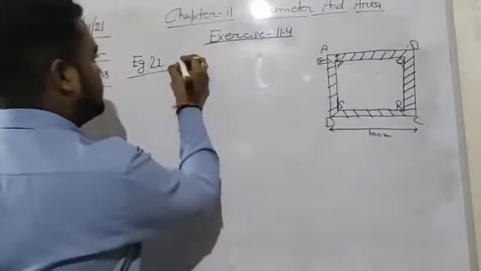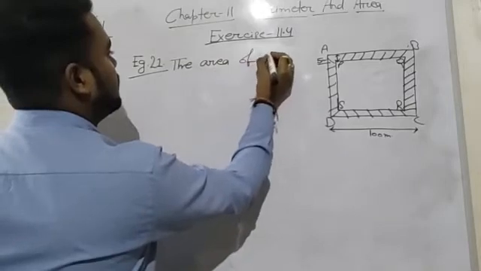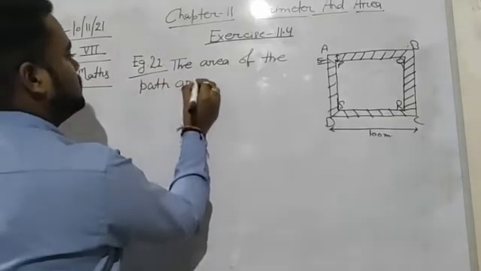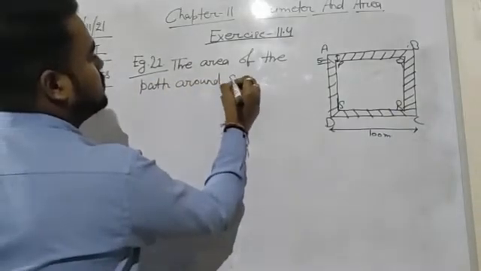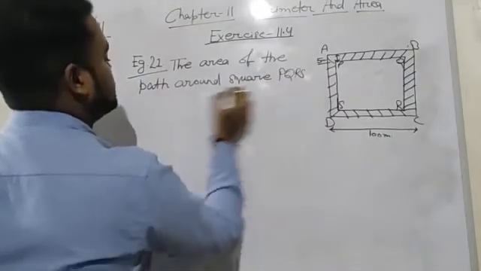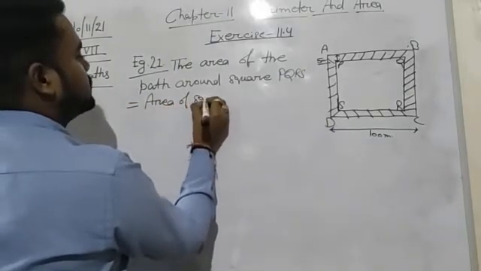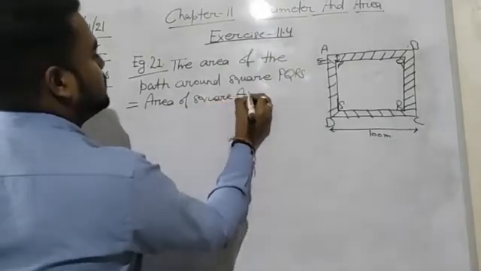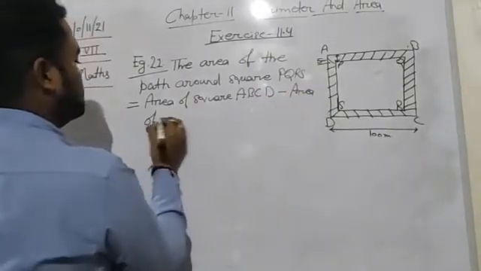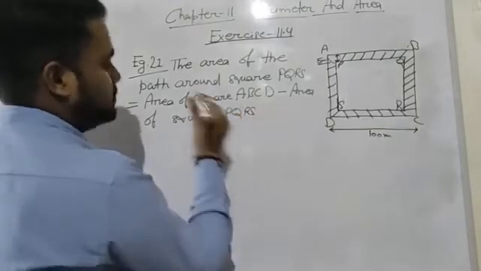So now we find the area of the path. The area of the path around square PQRS is equal to area of square ABCD minus area of square PQRS.